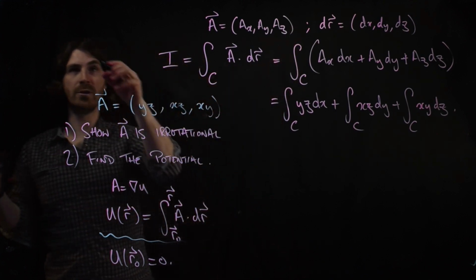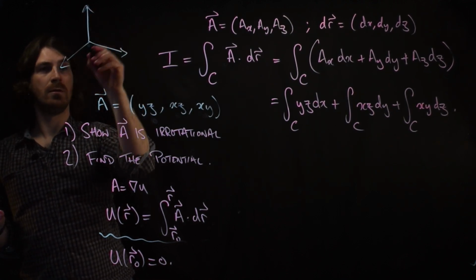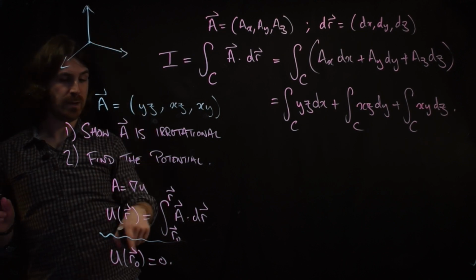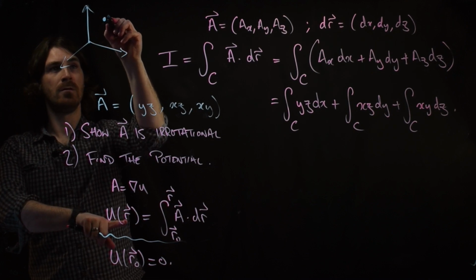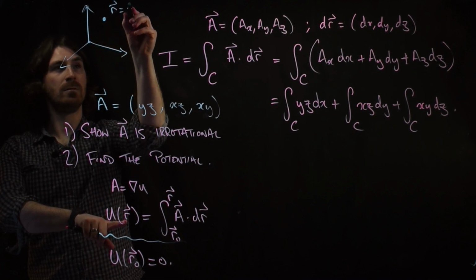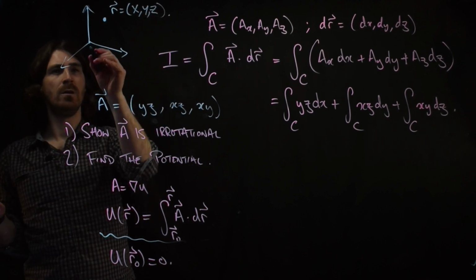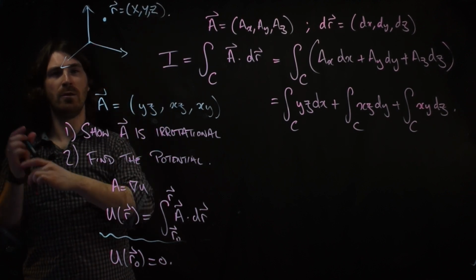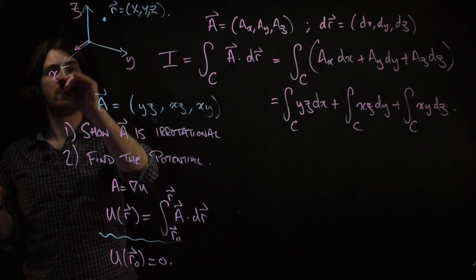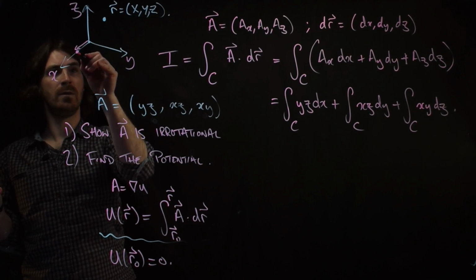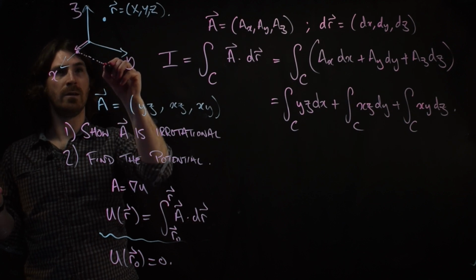Okay, so let's choose the curve to find, so we want to find the potential at some coordinate r. Okay, r has coordinates x, y, z. So let's get there by going along x, then along y, and then along z.